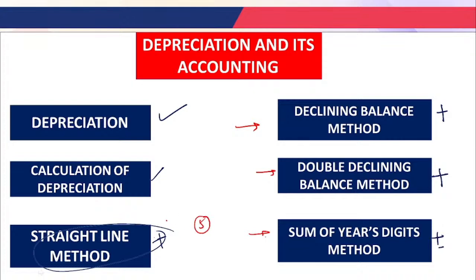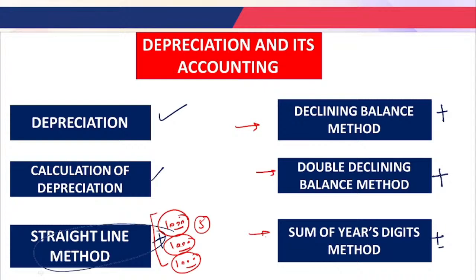If in the first year the asset is depreciated by 1000 rupees, the same 1000 rupees will be depreciated for the second year, and the same 1000 rupees for the third year. So the straight line method is a constant rate of depreciation.